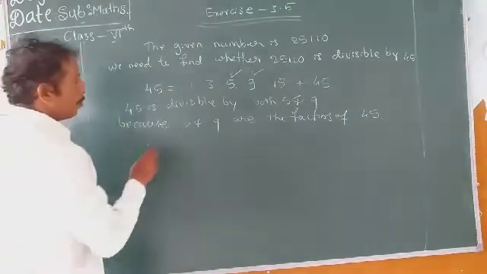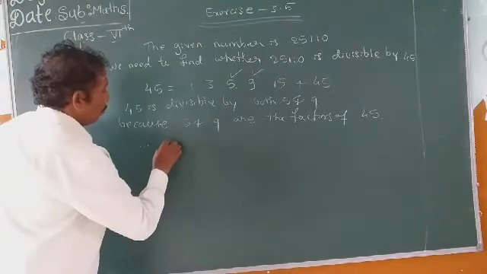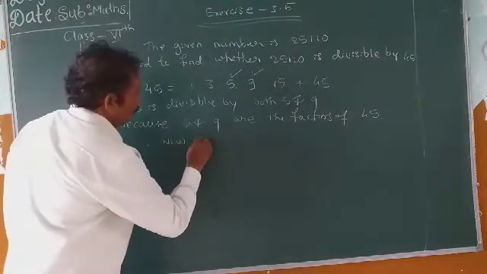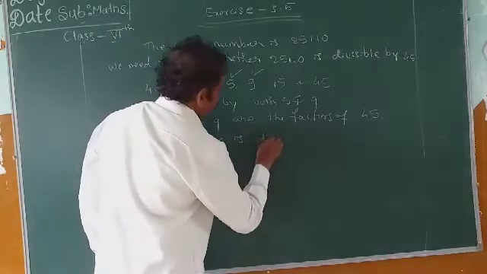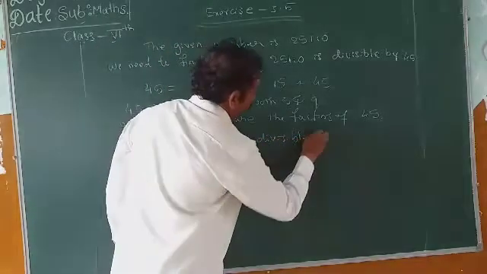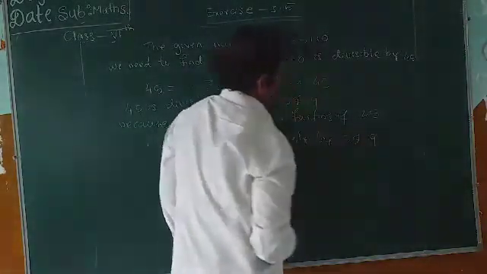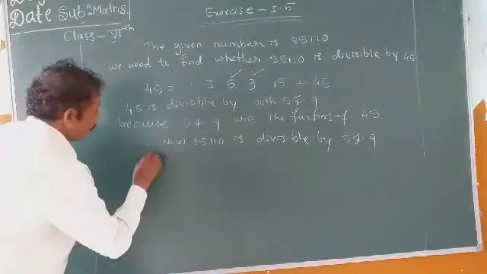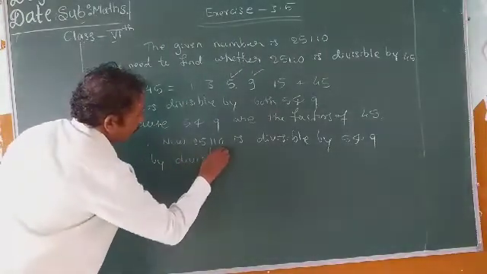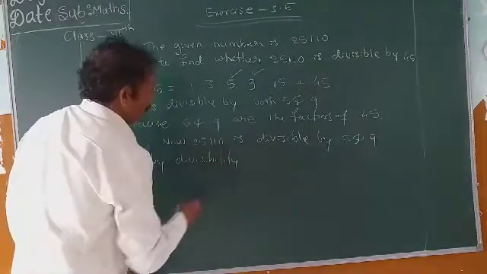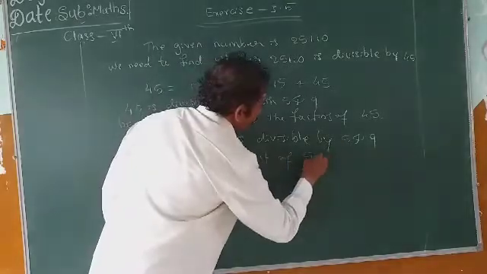Therefore, 25,110 is divisible by 5 and 9 by the divisibility test of 5 and 9.